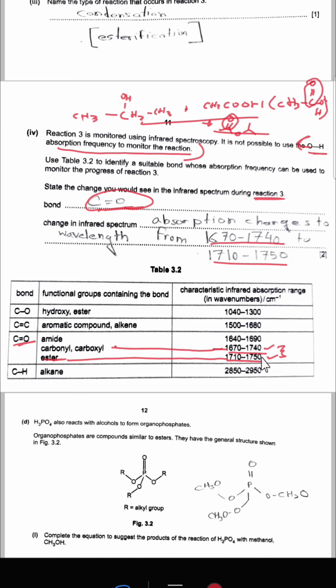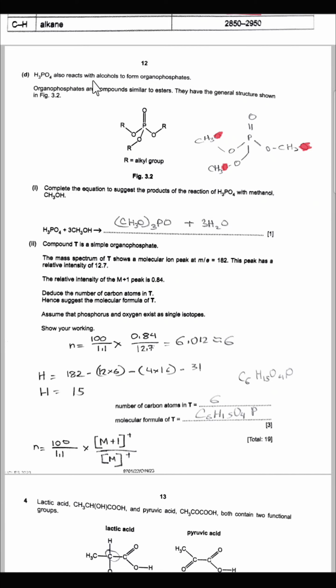H3PO4 reacts with alcohol to form organophosphates, which are similar to esters. So this is the structure of this ester. Here we have to complete the reaction. H3PO4 reacts with methanol, and we have been given the reactants, so we just have to write the products.